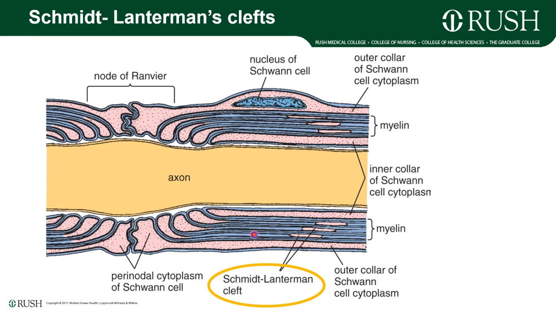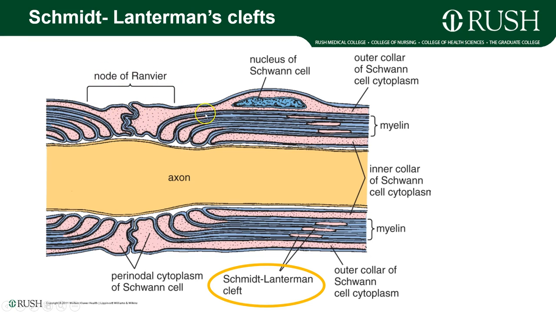The majority of this blue part here, as was depicted in the previous slide, is the myelin. As they are wrapping around, these clefts are slightly staggered, and that gives you the impression of a fishbone. One thing also to notice here is this gap, which we refer to as the node of Ranvier.